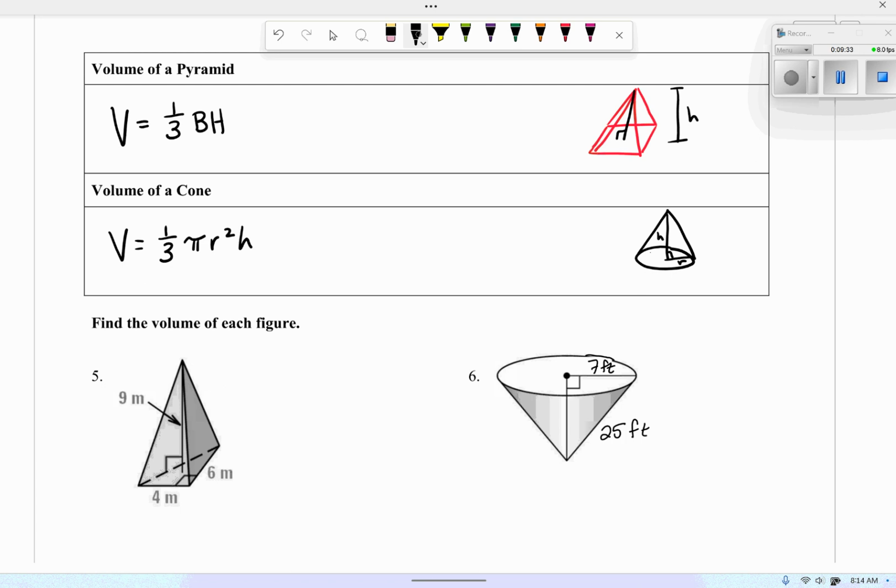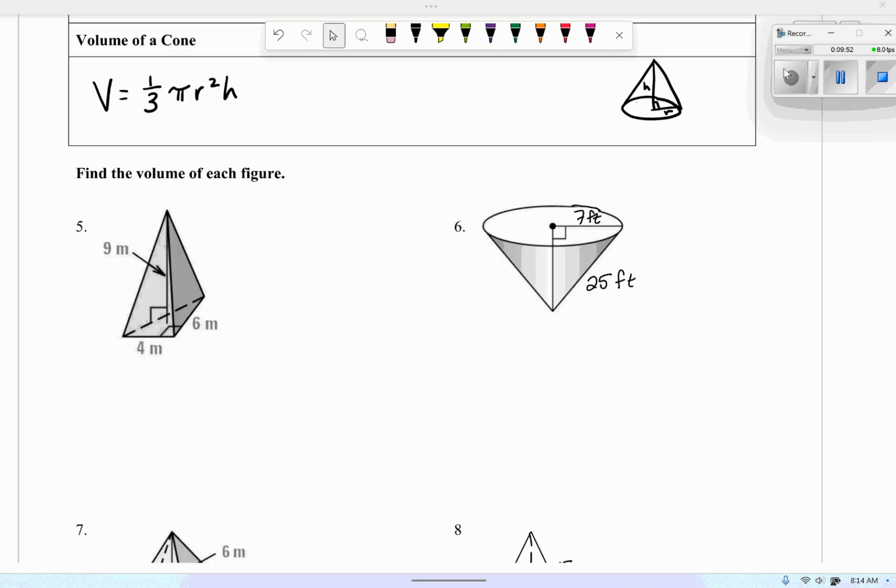But remember, it's still the same idea, 1/3 the base times the height. It's just that the base is a circle now, and this base, you can use a square here, so this base for the square would be length times the width. So it just depends on what that base looks like.